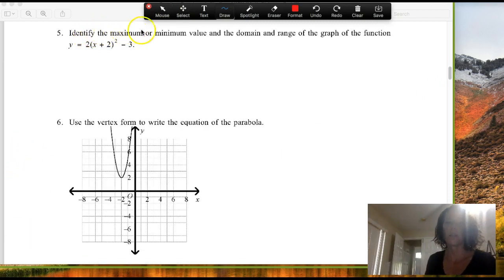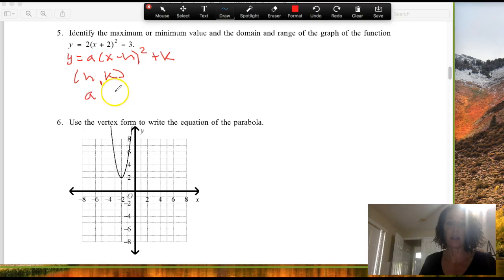All right, we want to identify the max or min value and the domain and range of the graph of this function. So remember, we have y equals a times (x minus h) squared plus k. Well, we know a few things. (h, k) is my vertex. My a value, if it is positive, I open up. If a is negative, I open down. So that a value is going to tell us a lot.